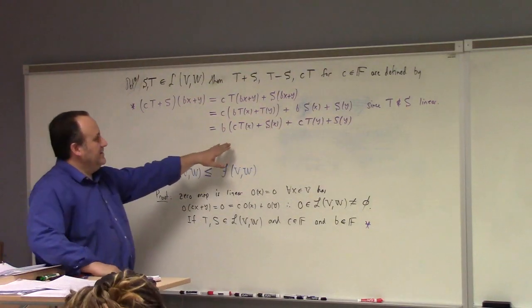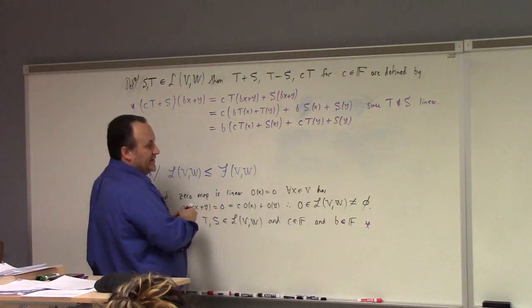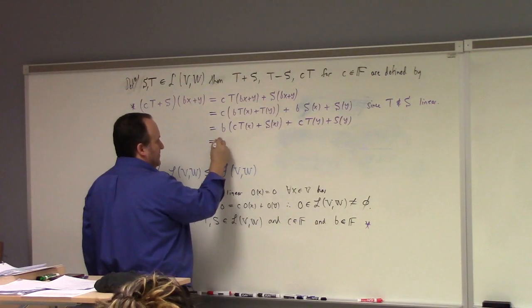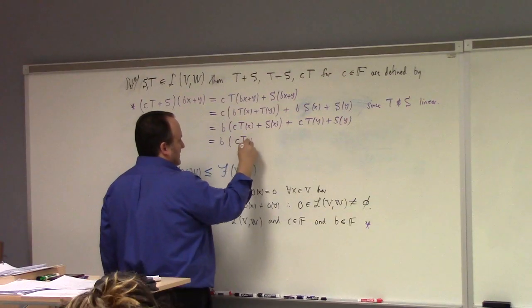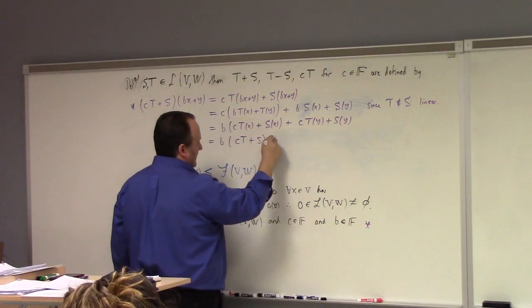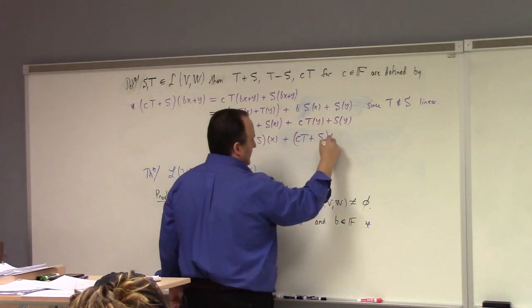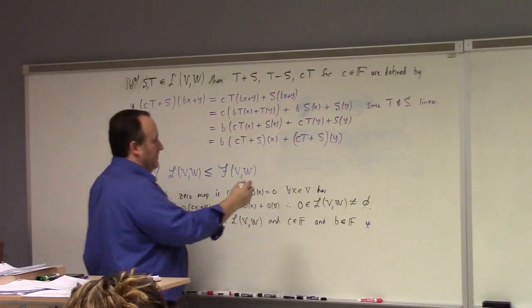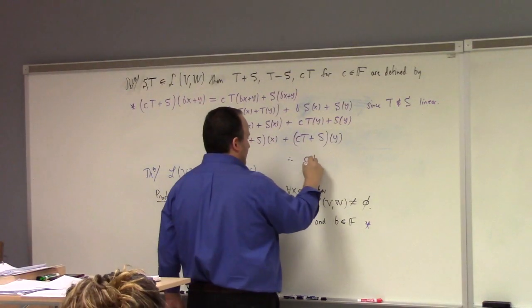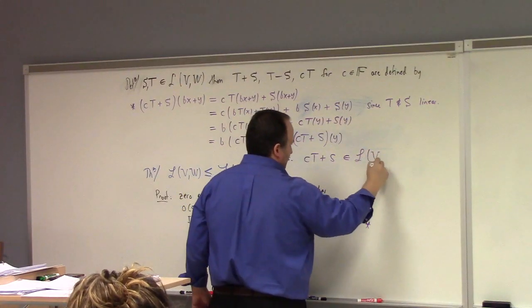But look, that is exactly, by the definition of addition and scalar multiplication of maps, B times CT plus S acting on x plus CT plus S acting on y, which shows that CT plus S is an element of the linear maps from V to W, right?